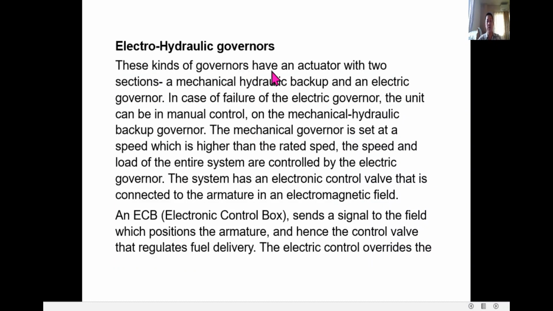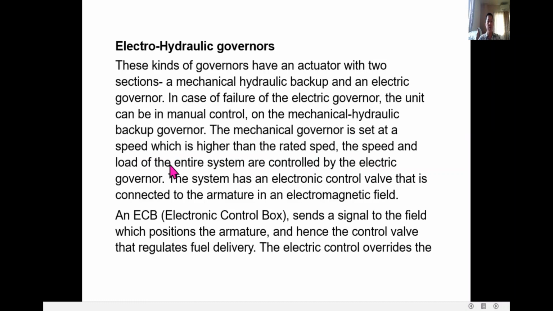We have also the electro-hydraulic governors. These kinds of governors have an actuator with two sections: a mechanical hydraulic backup and an electric governor. In case of failure of the electric governor, the unit can be put in manual control. On the mechanical hydraulic backup governor, the mechanical governor is set at a speed which is higher than the rated speed.